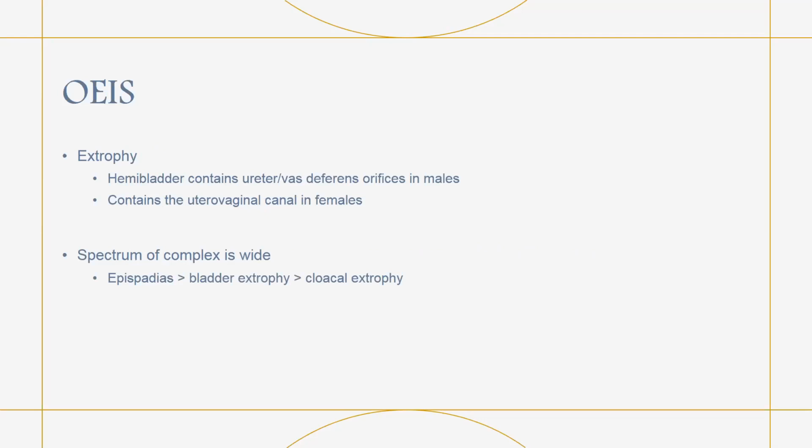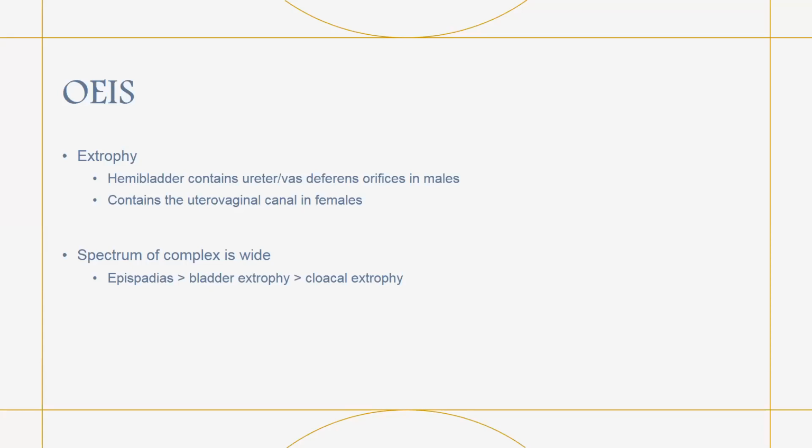The next is the extrophy, and that's going to look a little bit different depending on the sex of the fetus. But essentially, this is a hemibladder where the bladder is existing outside of the body, so there wasn't a closure of the entirety of the abdominal wall. It typically is going to contain the ureter, the vas deferens, the orifices within the males, or the uterovaginal canal in females.